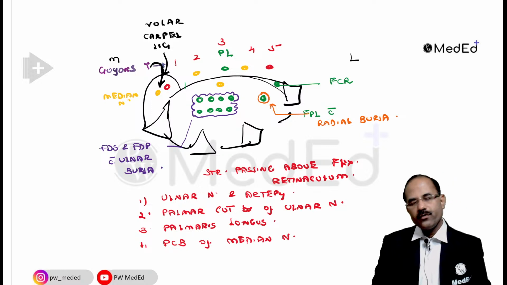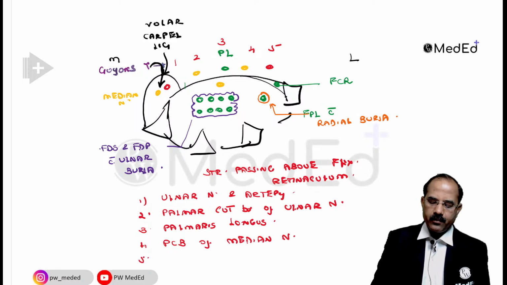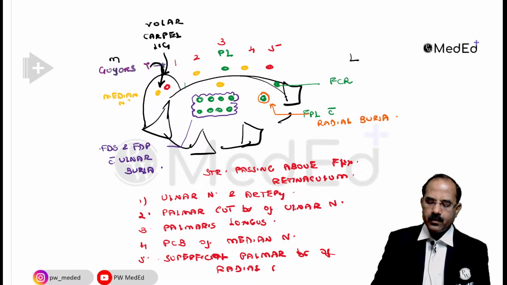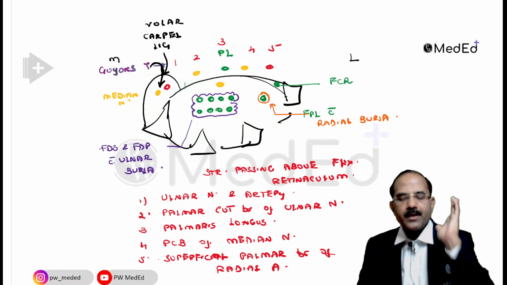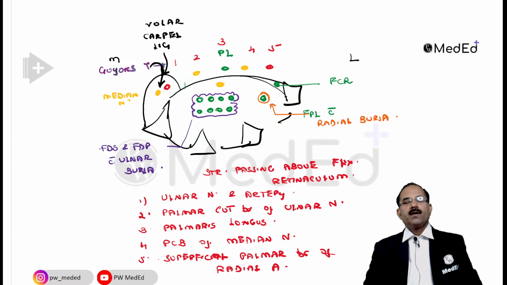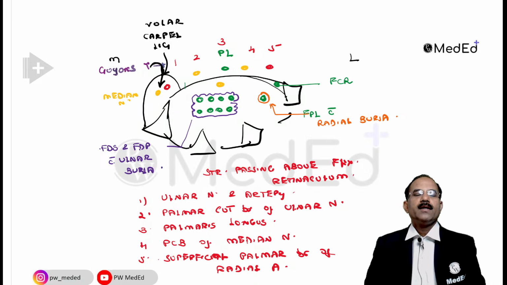And number five is superficial palmar branch of radial artery. Clear? Now clear to all of you?